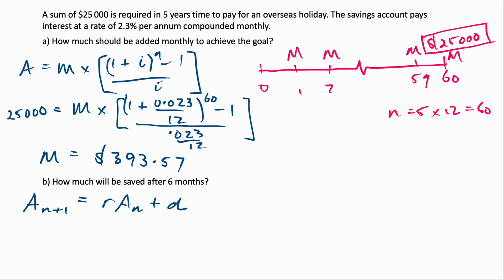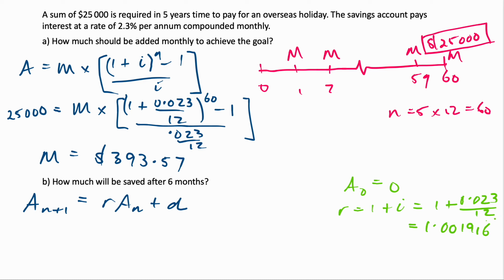So just making a note of what our bits are, we need to remember that A naught, in this case, is 0 because we start off with nothing. Our R, remember, is 1 plus I, so that's 1 plus 0.023 over 12, and when we put that in the calculator, 1.001916 recurring.